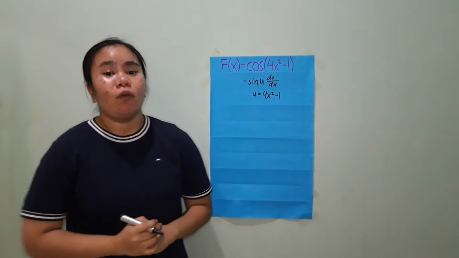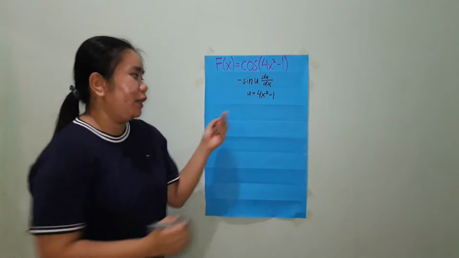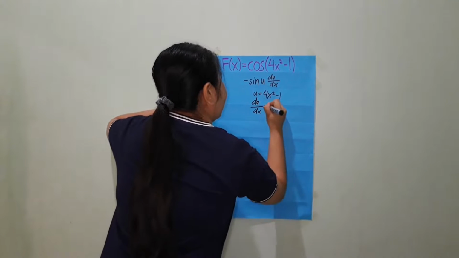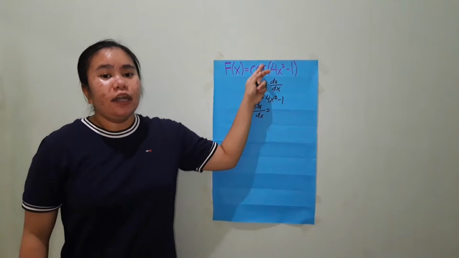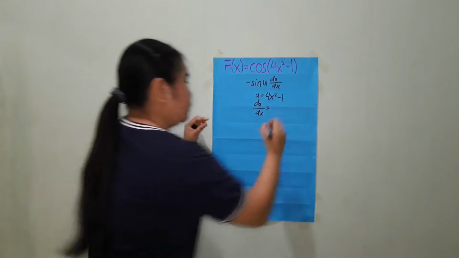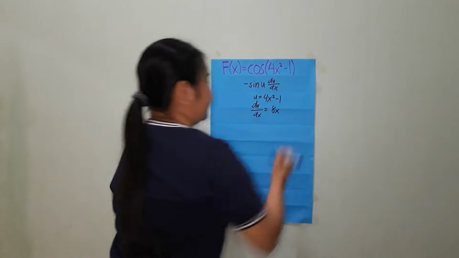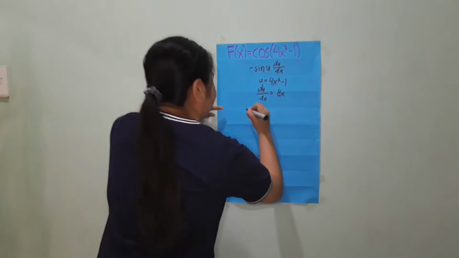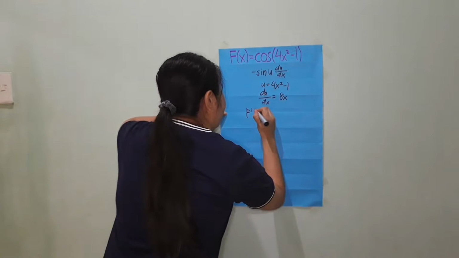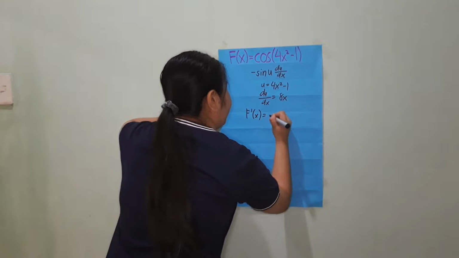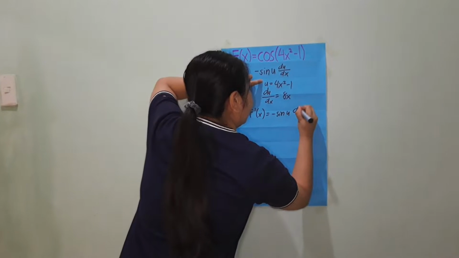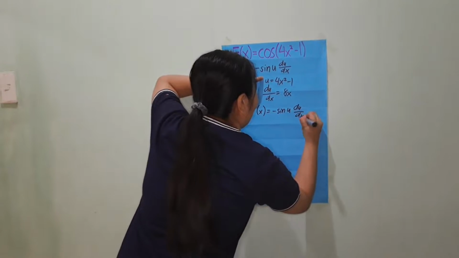And after natin makuha ang u, need natin siyang i-derive, which is magiging du over dx is equal to 4 times 2 is equal to 8x. So, ang f prime of x is equal to negative sine u du dx.